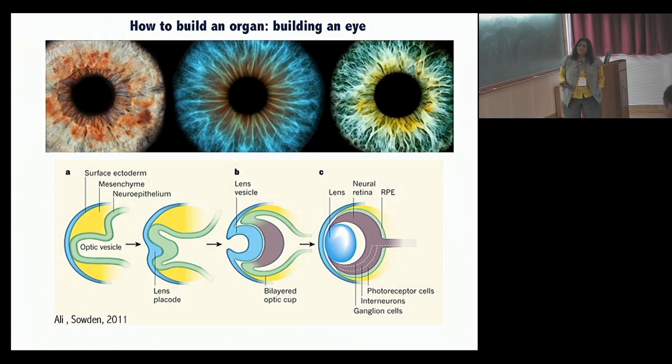And as you will see in this cartoon, kind of like a cross section, the eye actually begins as an outpouching from a part of the brain called the diencephalon. So it forms a little outpouching like this that we will call the optic vesicle.